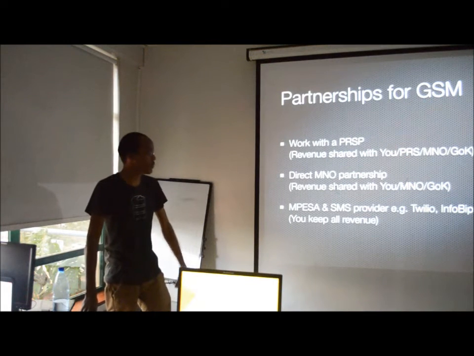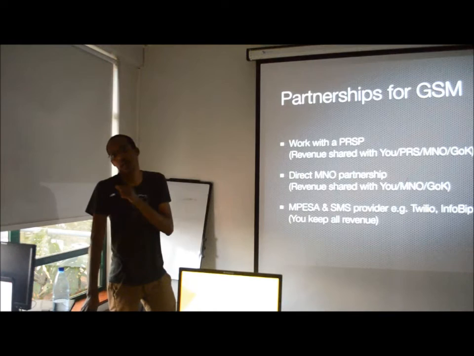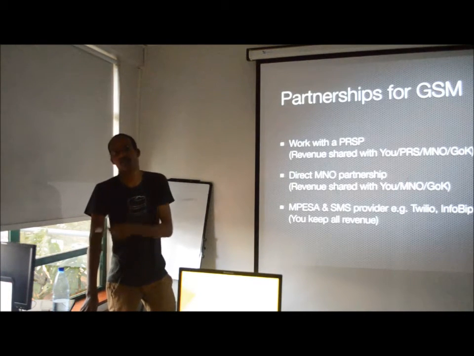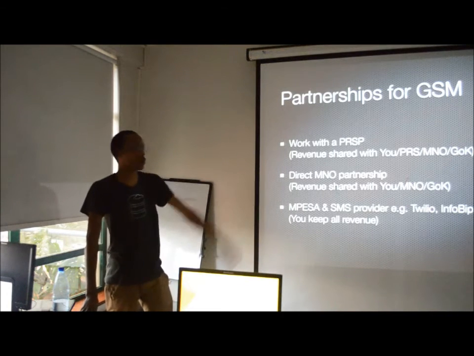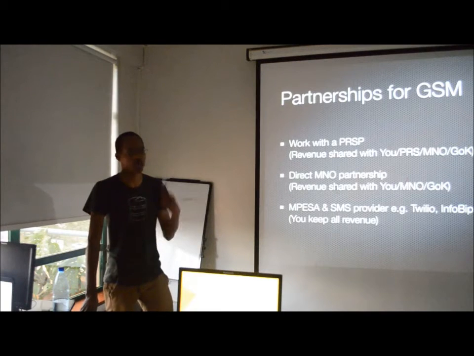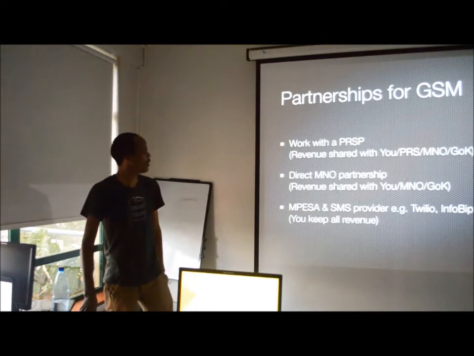The direct partnerships would just be you, the mobile operator and the government. And I was saying that if you do have a solid business that's already working and already has structure, I would suggest that you just try and go straight to the mobile network operator, to some high finance officers, these guys who are allowed on Twitter. They will probably actually set up a meeting with you.